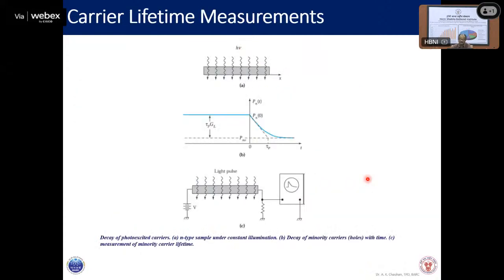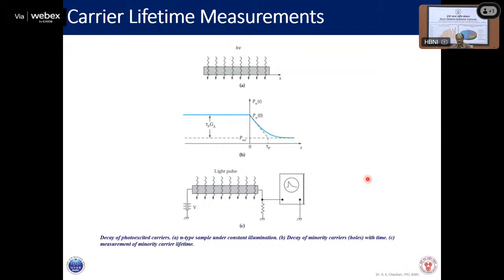So it was the same thing. Now, once you have excited an electron, by illuminating it, the electron goes into the excited state. It cannot remain very long there. After some time, it falls back to the ground level, or in the present situation, it falls back into the valence band. So if you are exciting an electron from the valence band to the conduction band, it cannot remain there endlessly, it falls back.